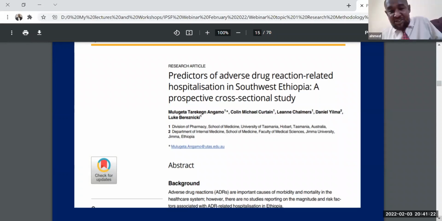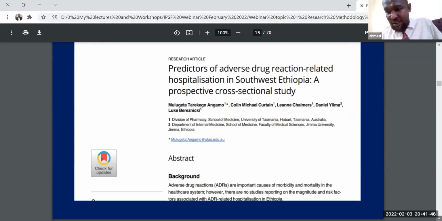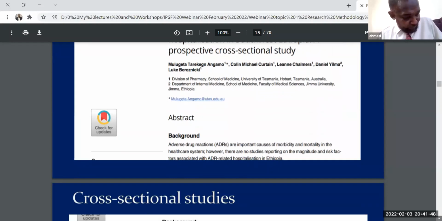But when the data is collected prospectively, the researcher himself will collect the data for the purpose of the study. So he will be sure that observations are accurate, which means the validity of the data will be higher, and also that there is no missing data, or at least missing data are as minimal as possible.